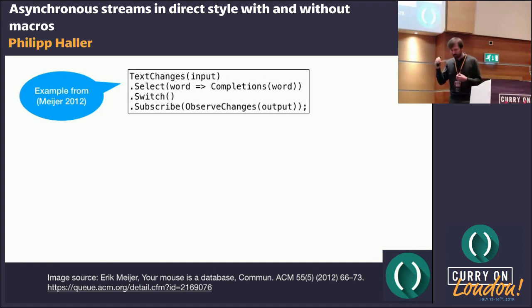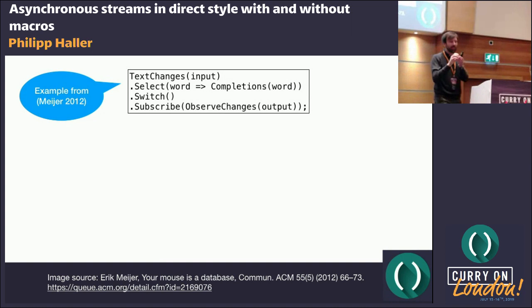So each time the contents of the input field change, we have a new event. On this publisher, we call the select method. The select method essentially transforms the publisher into a new publisher where, for each event of the text changes publisher, we emit an event which holds all the completions for that word.